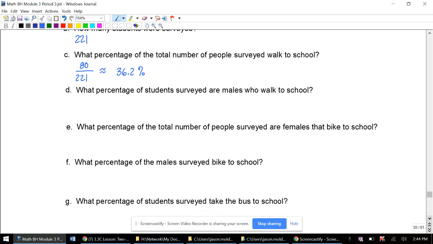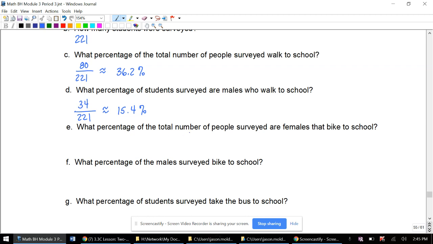What percentage of the students surveyed are males who walk to school? The total number of students surveyed was 221, and the number of males that walked to school, looking at the table above, was 34. That comes out to be 15.4%.